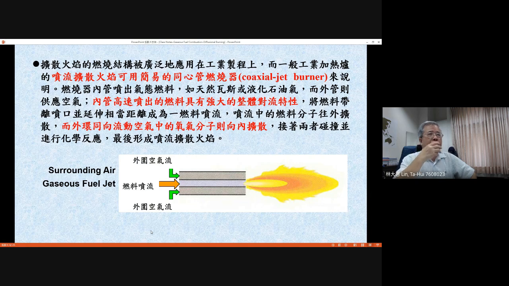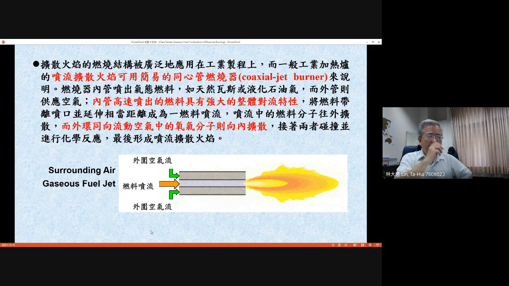Now people think about, can we enhance the burning intensity for a given diffusion flame? That means if you try to introduce gaseous fuel or maybe liquid fuel into your combustion chamber and burn it as a diffusion flame, what combustion characteristics do we need to look at and carefully manage?